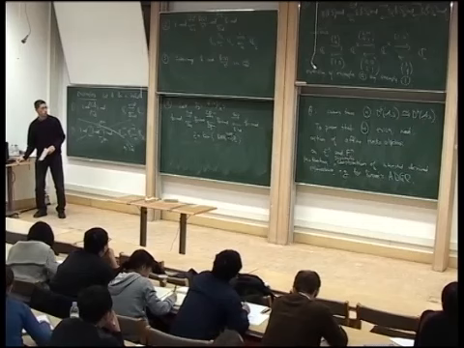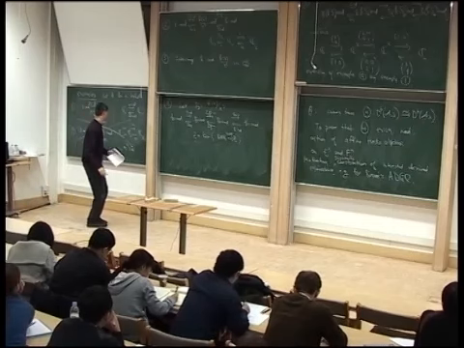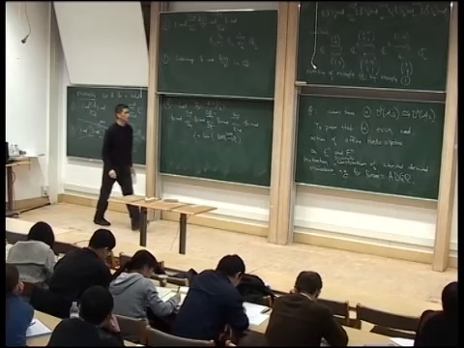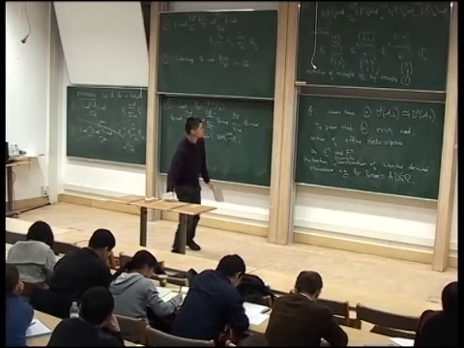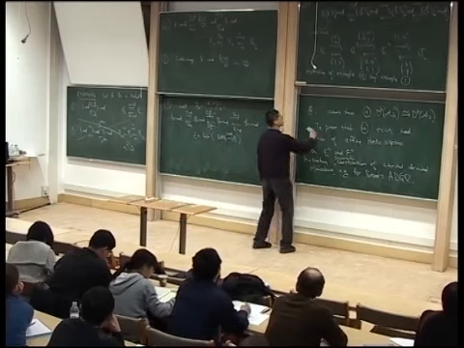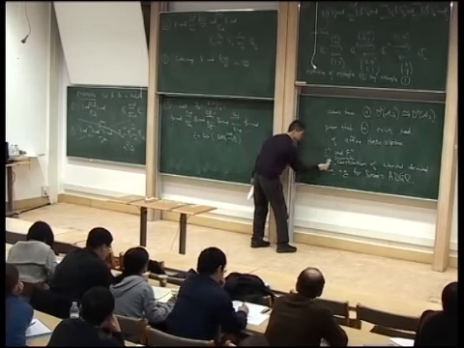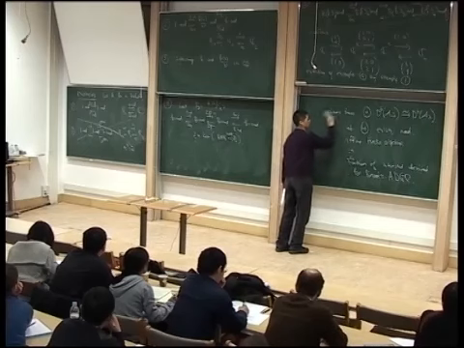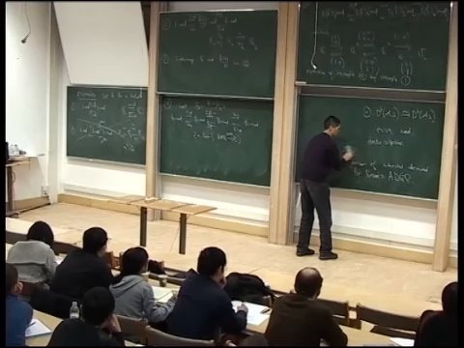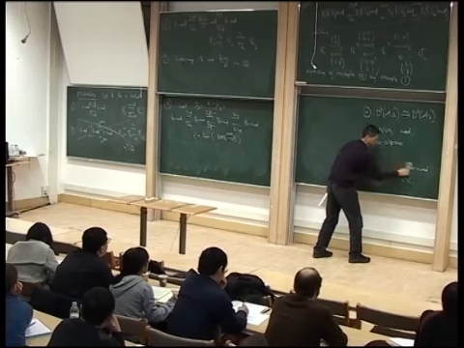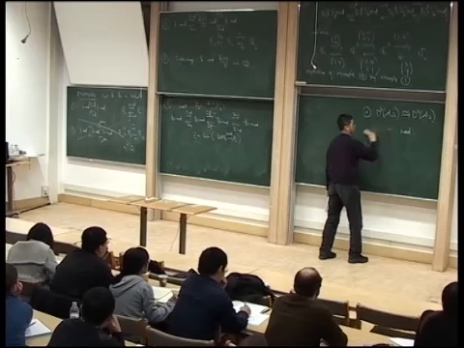Okay, now I'm going to do a different sort of example where I do have some kind of special knowledge beforehand. And this is the category O for GLN.